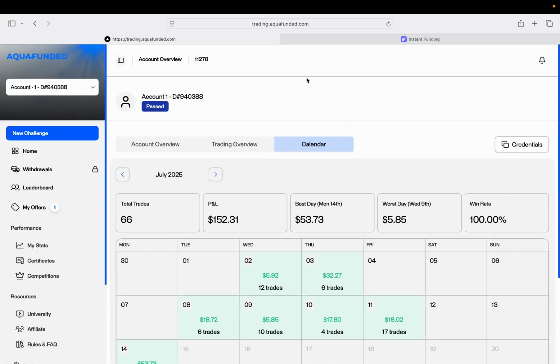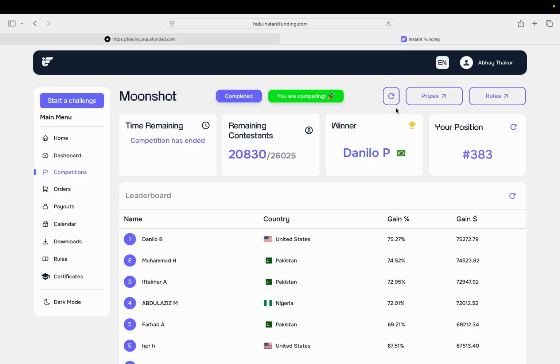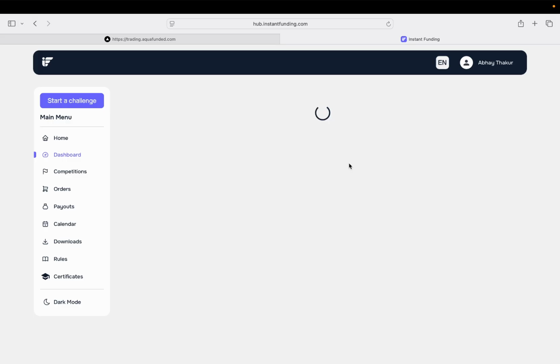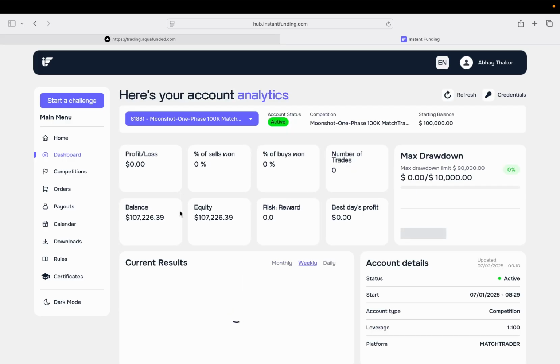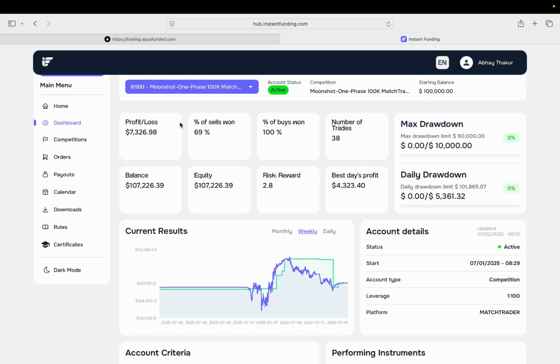And I also want to share with you, I was posting the Instant Funding Moonshot event content. So that account I was trading, a 100K account. You can check the dashboard. This is what my dashboard looked like. Buys won 100%, and this was my profit overall, around 7.3%.